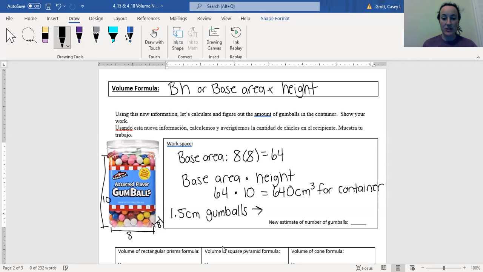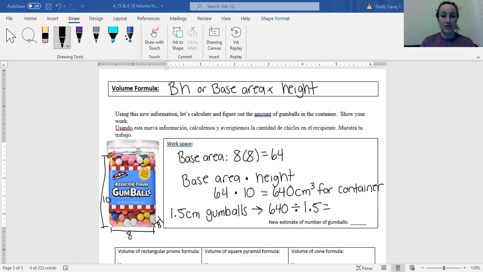So what I'm going to do is I'm going to do 640 divided by my gumball width, which is going to be 1.5. And this is where, guys, you might want to go ahead and pull up Desmos. So I'm going to do that here as well. Okay.